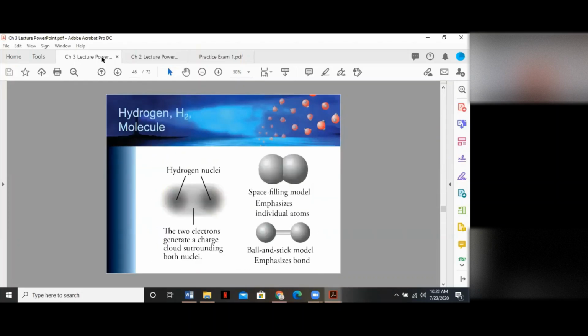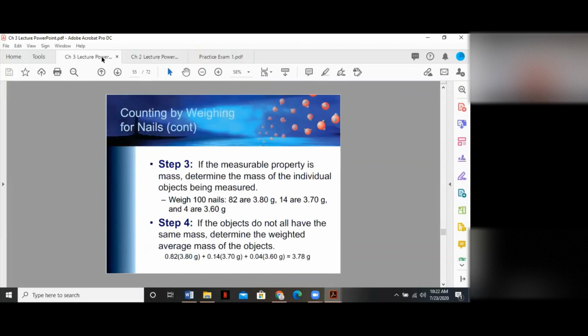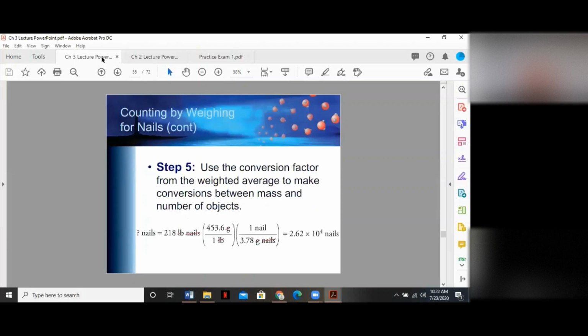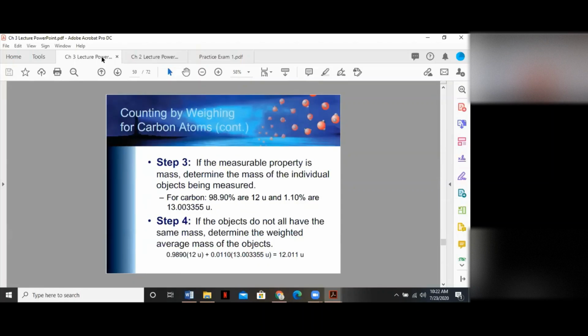Here's an example, the carbon atom. Carbon exists in two different masses. One that is 12 and one that is 13.